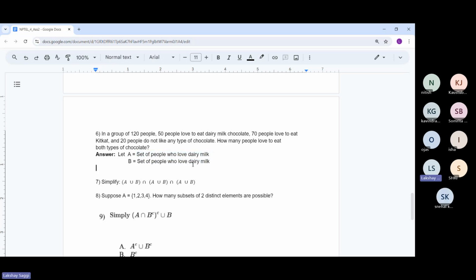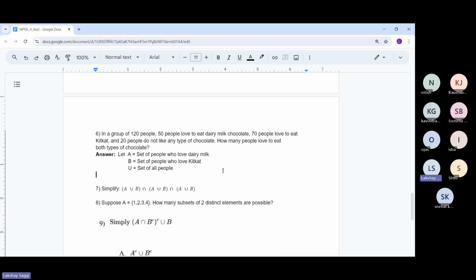So note that they would not be disjoint, like someone can love both dairy milk as well as Kit Kat. Well, generally everyone loves both dairy milks and Kit Kats, but let's just denote the set U as the universal set. When we say universal set, we just mean the set of all people.